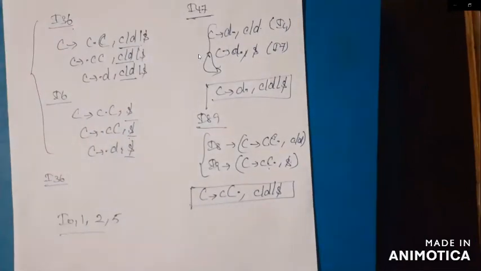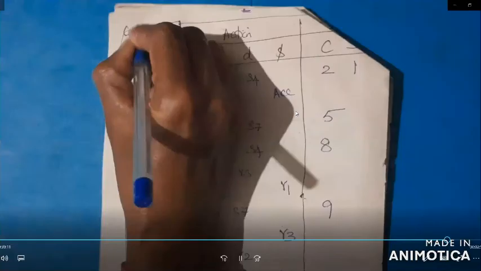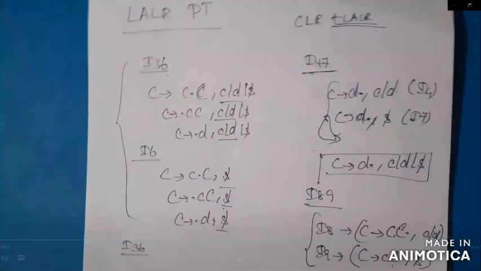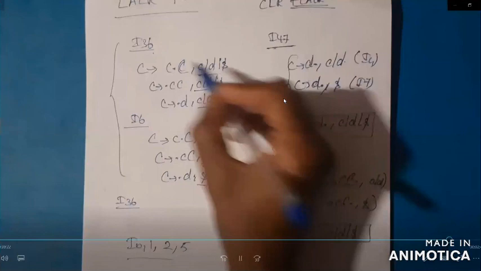Similarly, you write this for the grammars. Based on 0, 1, 2, this table indicates the CLR parsing table. After that, based on the CLR collection of items, we do the LR parsing table. Here 3, 6 merged, 4, 7 merged, 8, 9 merged.